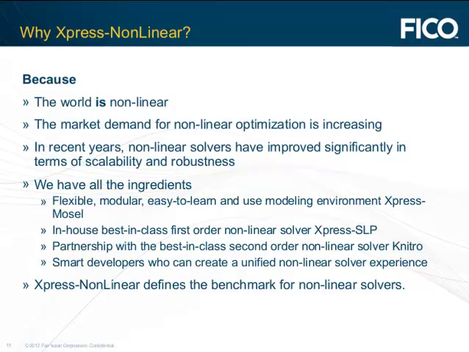We have 12 or 13 years of experience with first-order nonlinear solving, which you use for blending problems with Xpress SLP. And then we created a partnership with the best-in-class second-order nonlinear solver company, which provides the solver Knitro.